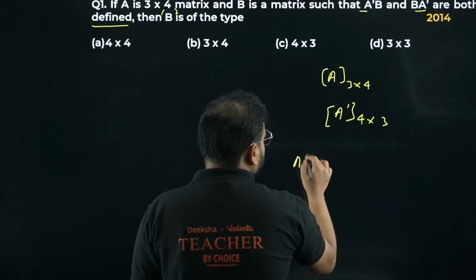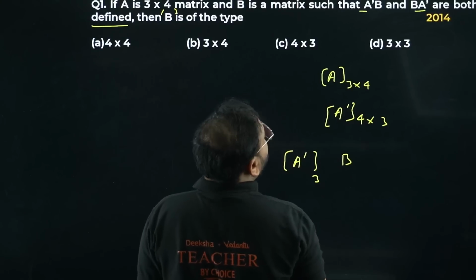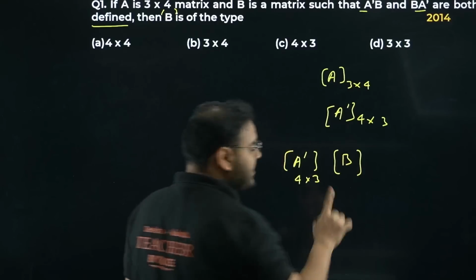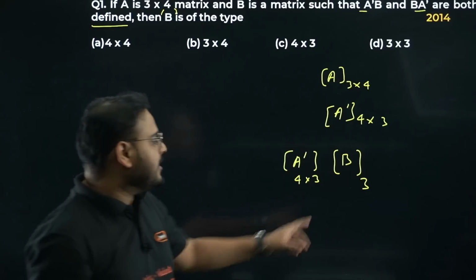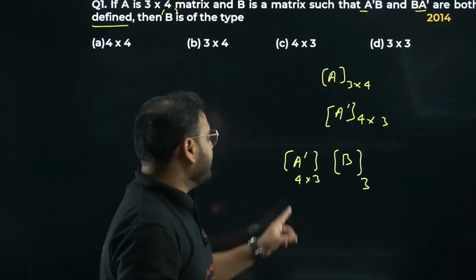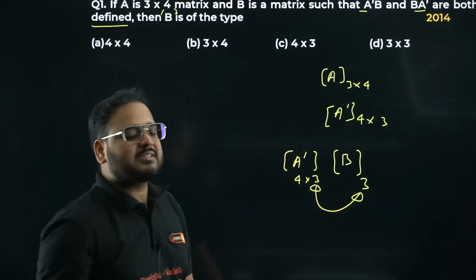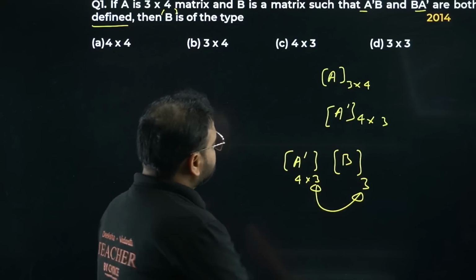If I'm writing A dash times B, it means I have 4 cross 3, and whatever is the order of B, the first term has to be 3. The number of rows has to be 3, because we know the number of columns in the first matrix and the number of rows in the second matrix have to be equal. So 3 and 3. So A dash B means this is 3.